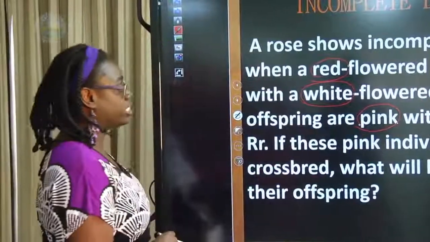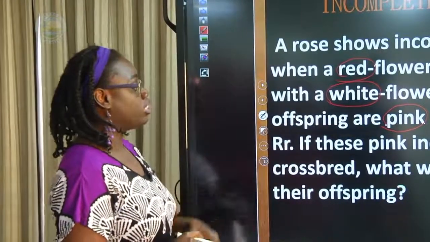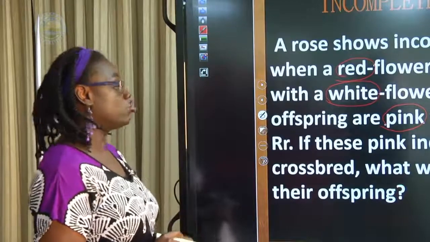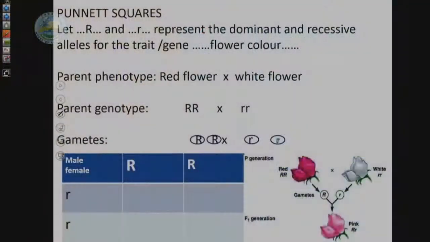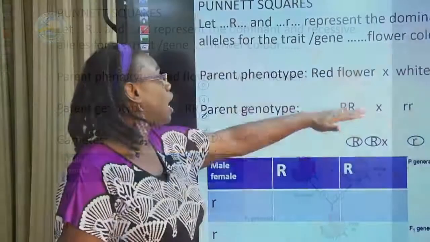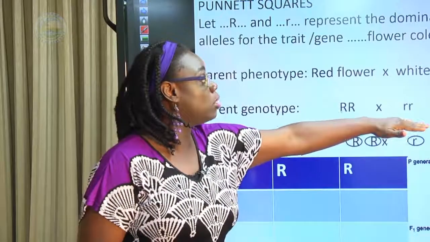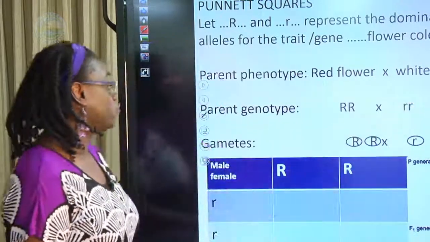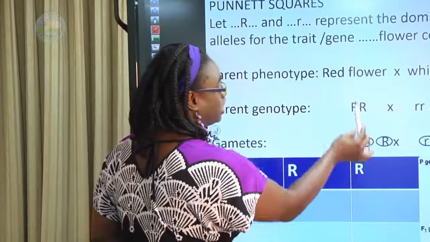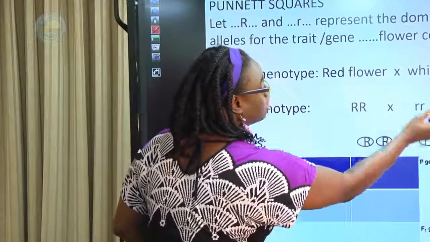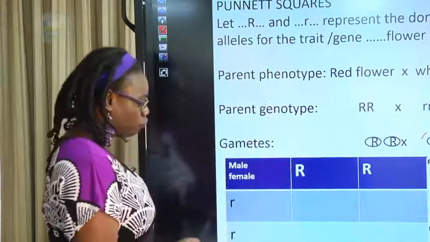And they have now asked us to cross these pink individuals and see what the ratios of their offspring will be. So the red flower plant crossing with a white flower plant would produce genotypes of capital R for red flower and common R for white flower. The gametes, of course, are all capital R for this plant and all common R's for this plant.